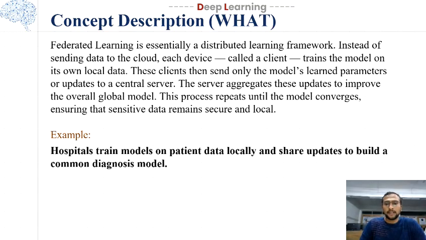The server aggregates these updates to improve the overall global model performance. This process repeats until the model converges, ensuring that the sensitive data remains secured on the local devices. For example, hospitals train a model on patients' data locally and share updates to build a common diagnosis model.